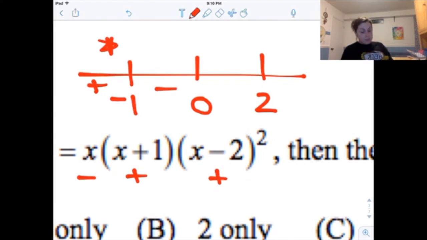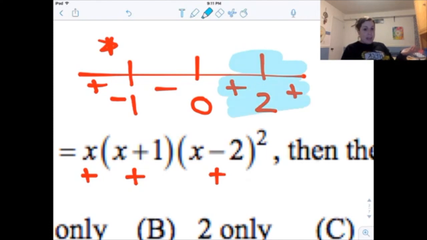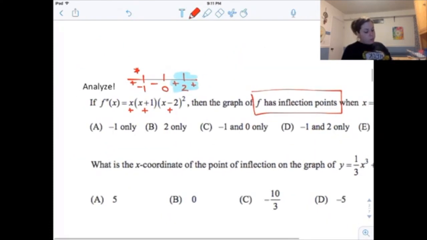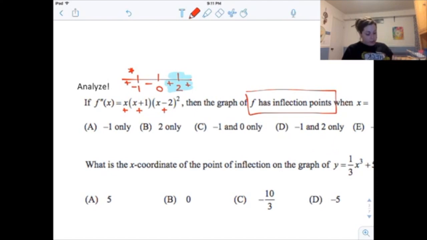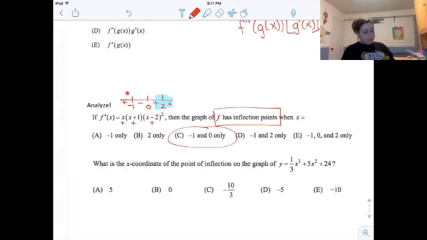So that's negative. Then I would have to plug in a value between 0 and 2, so let's say I plug in 1, positive, positive, positive, and same thing for bigger than 2, it's still going to be positive. So notice this was tangent here, it didn't actually change signs, so your points of inflection are just at -1 and at 0 only.